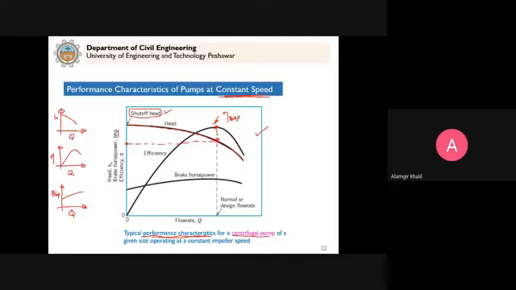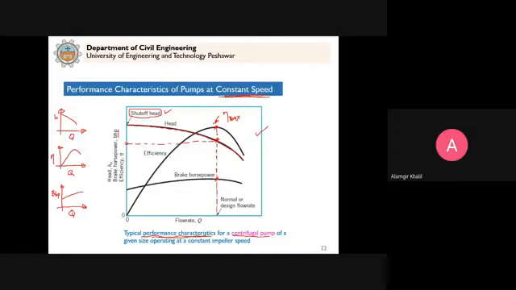And this will be the design flow rate. This is the discharge that the pump should provide, because under this condition the pump has maximum efficiency, and this is what we want. For this maximum efficiency, this head and the design discharge, this will be the input power required to drive the pump.